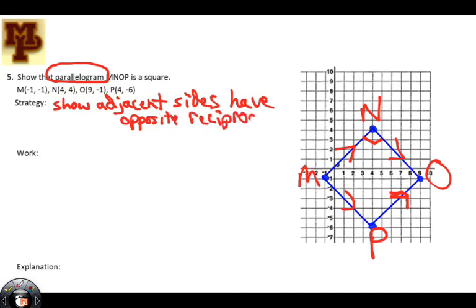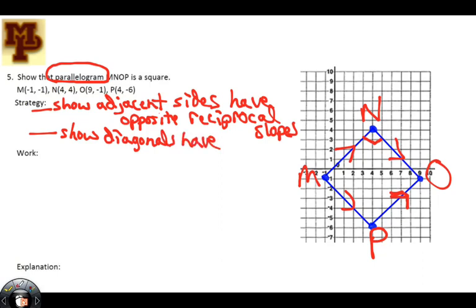That would show that they're perpendicular. And then the other thing we would want to do is show diagonals have opposite reciprocal slopes. And that would show that the diagonals are perpendicular as well. So that would make it a square.